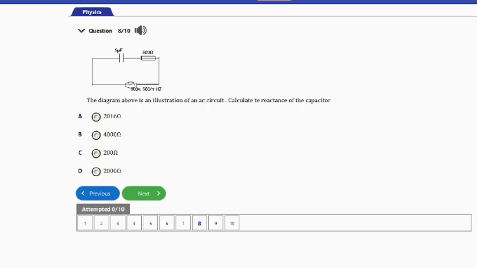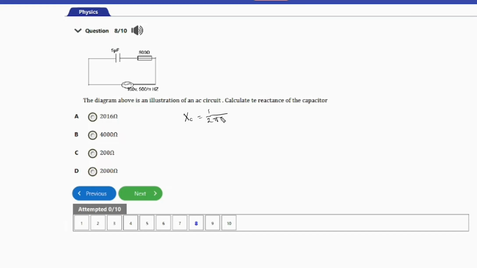Calculate the reactance of the capacitor. So guys, that's the capacitive reactance here. So the reactance of the capacitor here will be XC. So guys, that will be 1 over 2 pi FC.